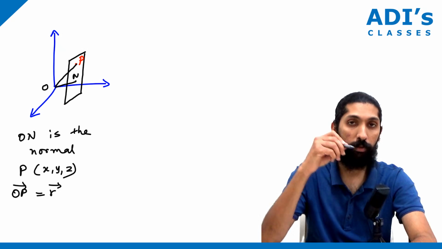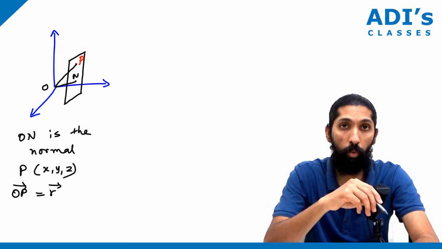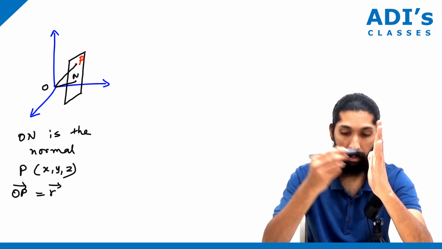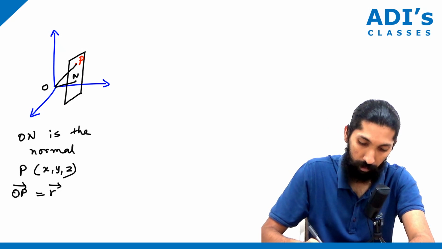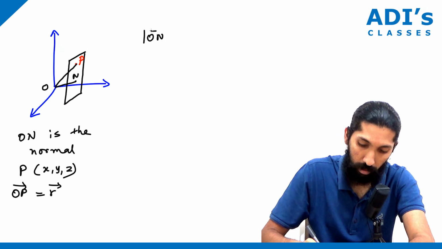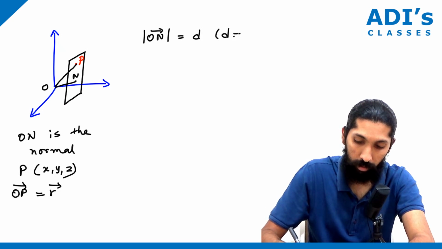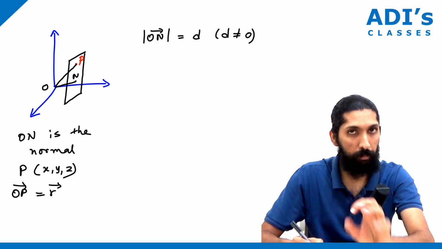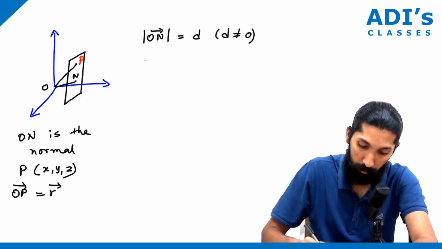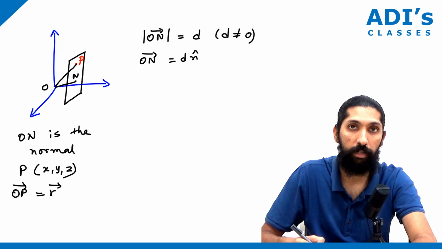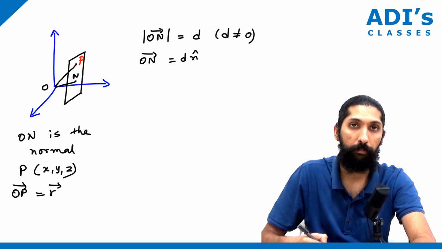Now, if you look at this one, ON is the perpendicular distance, correct? Like this perpendicular distance. Say the mod of ON, it is also a vector, isn't it? Mod of ON, let's call it d, where d is not equal to 0. Some number is there. That means vector ON becomes d into n cap. n cap is the unit vector, right? So d into n cap.